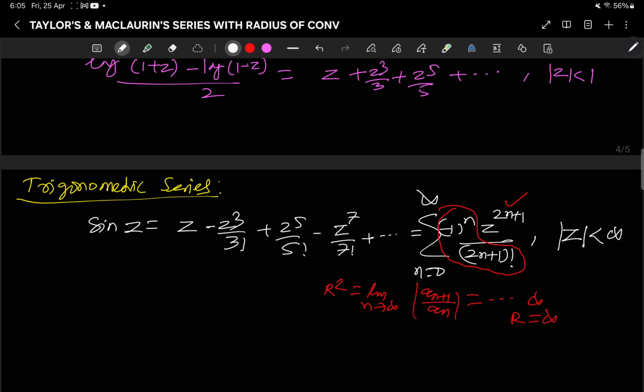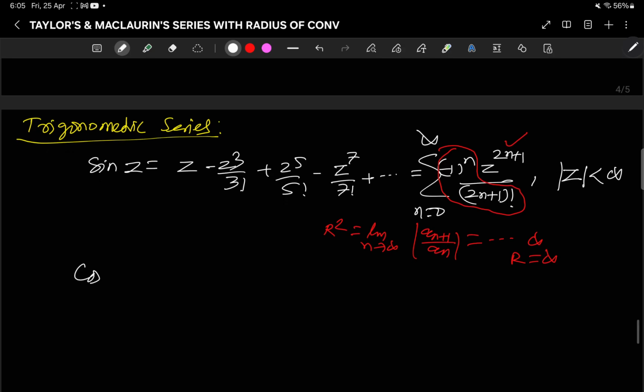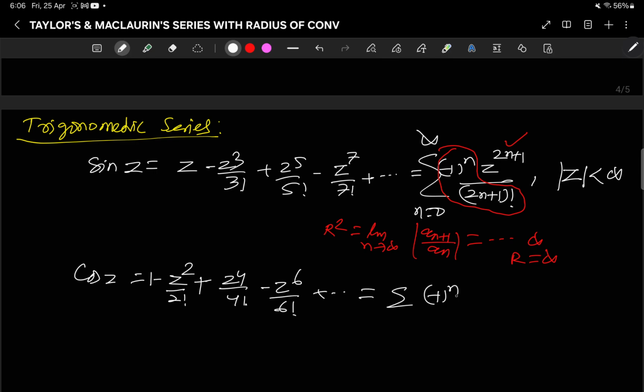Okay. Similarly, what happens to your cos z? Your cos z is 1 minus z square by factorial 2 plus z fourth by factorial 4 minus z to the 6 by factorial 6, so on. So you can write it as summation of minus 1 to the power n z to the power 2n by factorial 2n with mod z less than infinity, n equal to 0 to infinity.